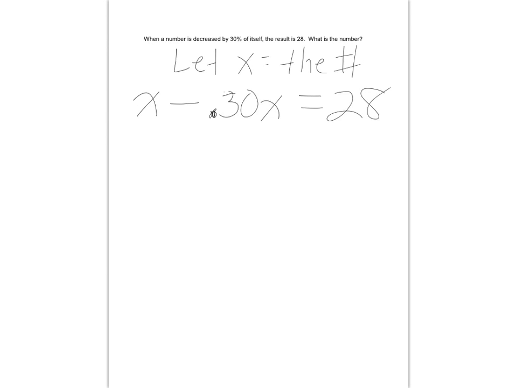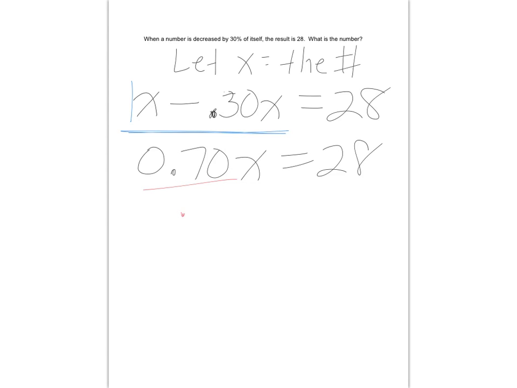Then on the left side, I've got 1x minus 0.3x would give me 0.7x, or 0.70, you can have the 0 or not, equals 28. Then divide both sides by 0.7, and x is 40.